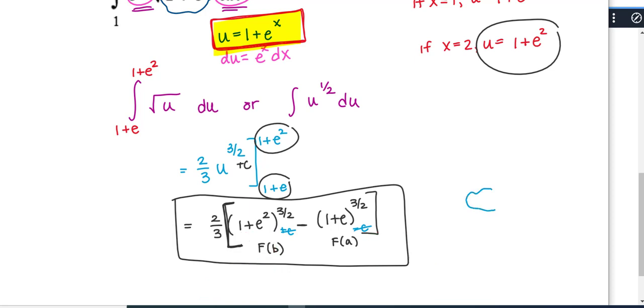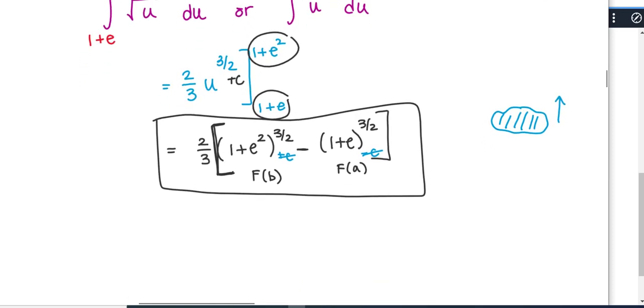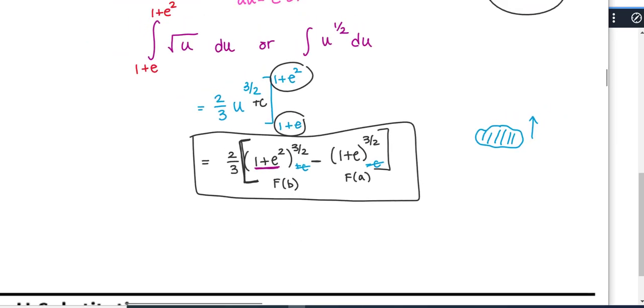So it's sort of like taking this area, and if you shift the whole area up 4, the area itself isn't necessarily changing. Okay, the other thing I want to mention is that this answer is exact and it's done. You would never distribute that exponent in because you have a binomial here. So you are done, and this is what the answer looks like. Don't round it unless it says to round.